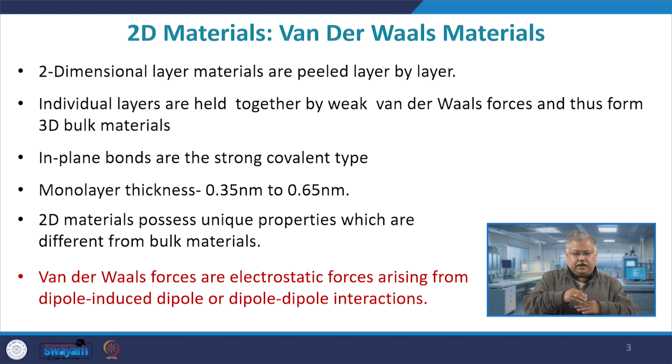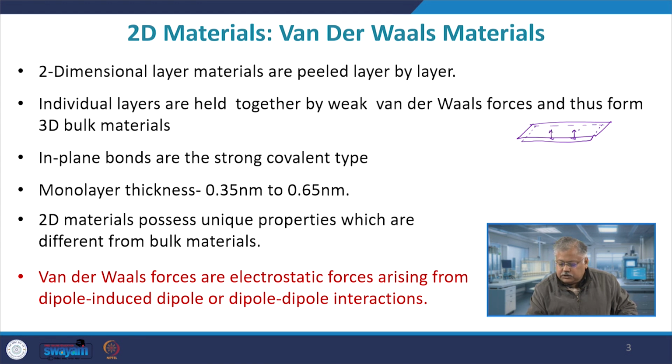So they are actually peeled off layer by layer, and two subsequent layers, let us suppose one layer is formed here, and then there is another layer which is formed like this, and they are just connected with each other through weak forces.